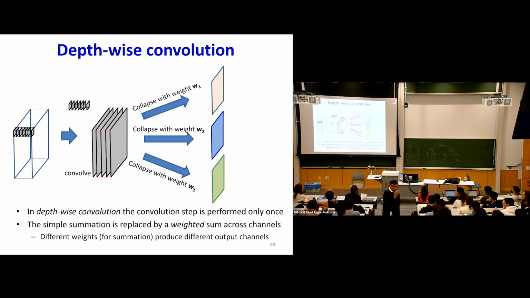I'm going to be convolving each channel of the filter with a corresponding input channel, but I won't collapse them immediately. I'll take a weighted sum. And if I change the weights, I will get different outputs, right? I'm still getting as many output channels as I want, but the total number of parameters is vastly reduced, right? More importantly, the total computation.